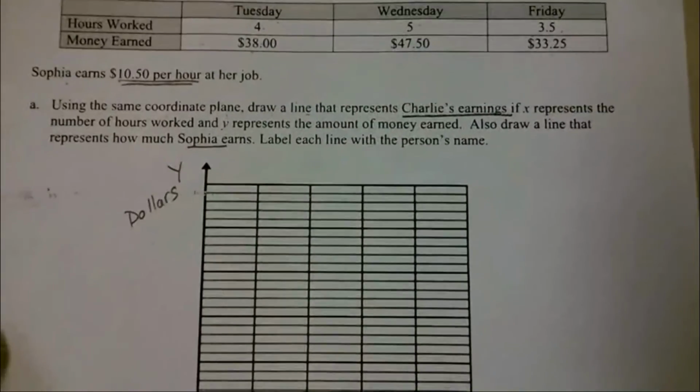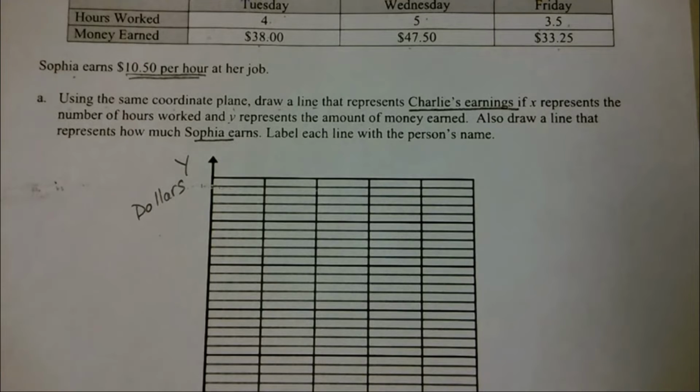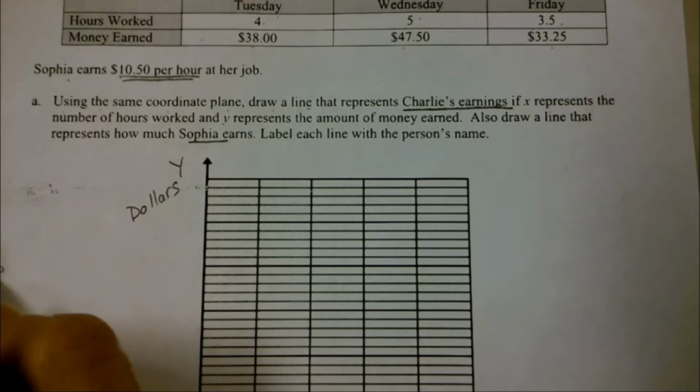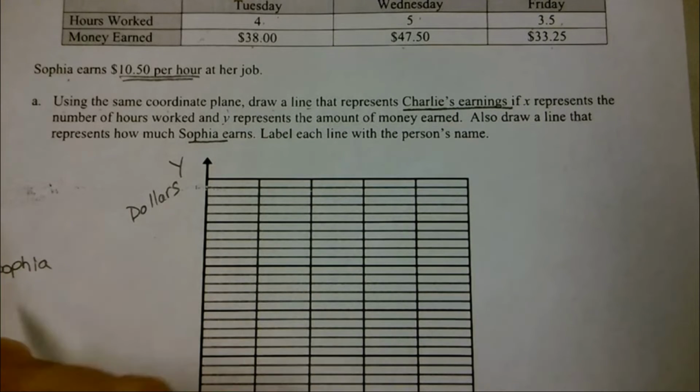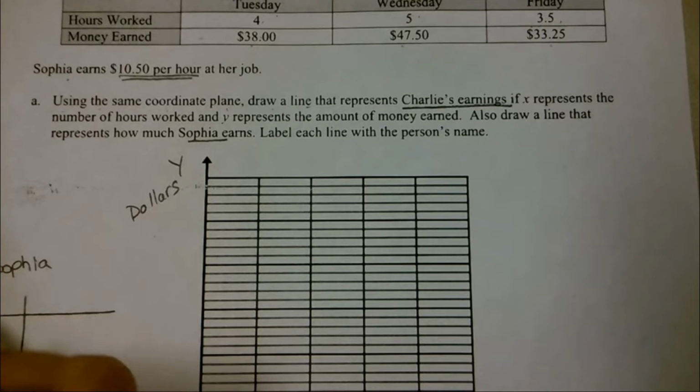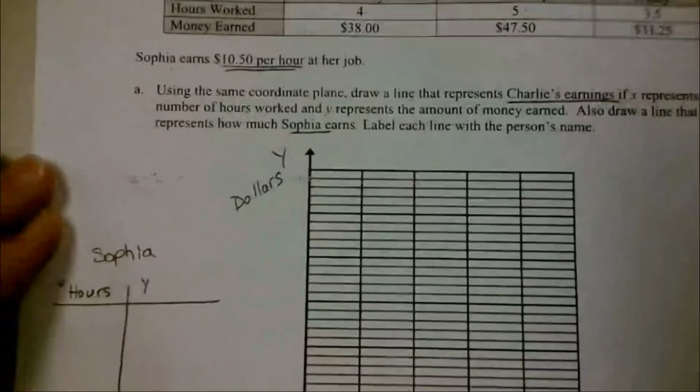Now, if you're going to draw a line on a graph, the first thing you need to do is make a table. So we're going to make a table for Sophia, and a table for Charlie. X is the hours, and Y is the dollars.